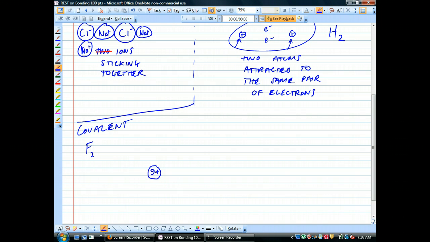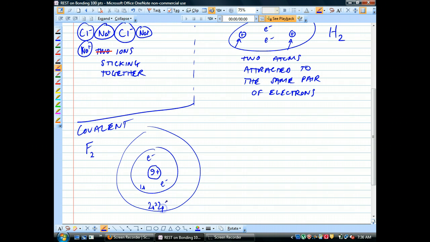That's a 9, not a G. We'll have 2 electrons in the 1s sublevel. So this is the 1s, and then this is the 2s, 2p5. There are going to be 7 electrons in here. So that's one fluorine atom.